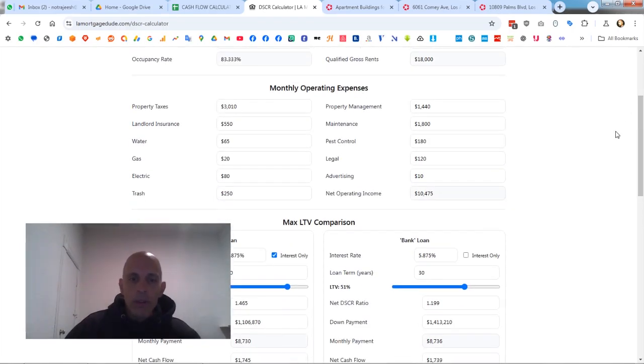And with 1 to 4 unit buildings, and I say 1 because it's a single family home, these are usually paid by the tenants. So we're talking water, gas, electric, trash, maintenance, pest control, legal, advertising, and property management. Unless you're like a Blackstone or somebody, you're usually self-managing these properties unless you've got like 100 doors or something, because that's when it makes sense to have a property manager.